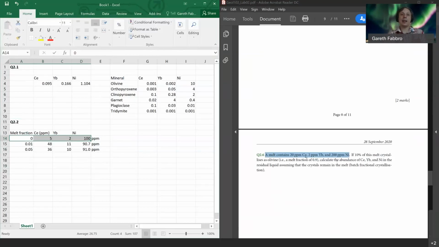So if you have 5 ppm in solid, you melt all solid, you have 5 ppm in the liquid. Yeah, so again, you just do the same sort of calculation you did here using melt fraction.